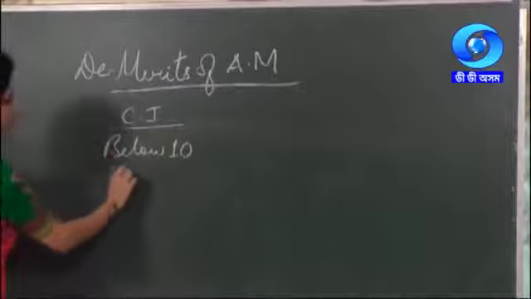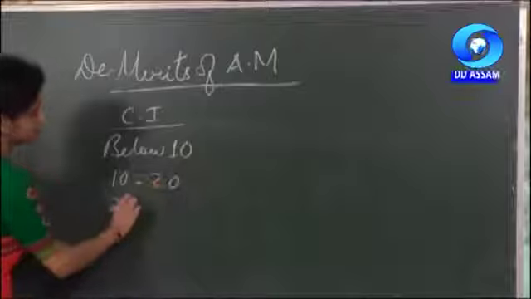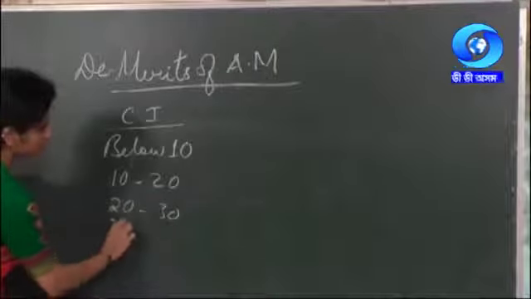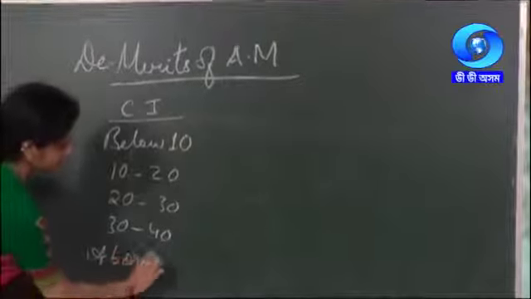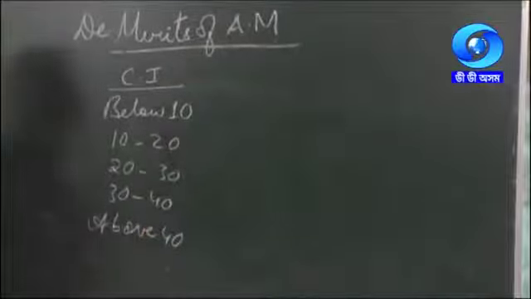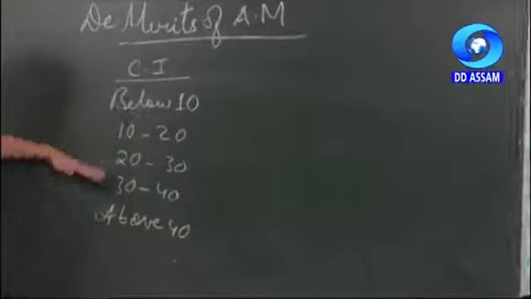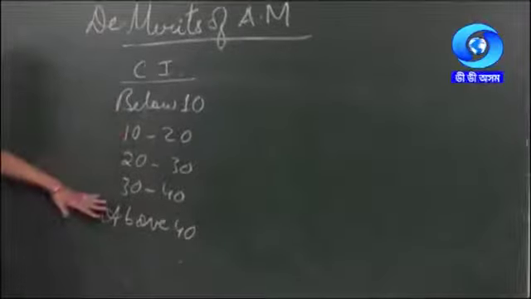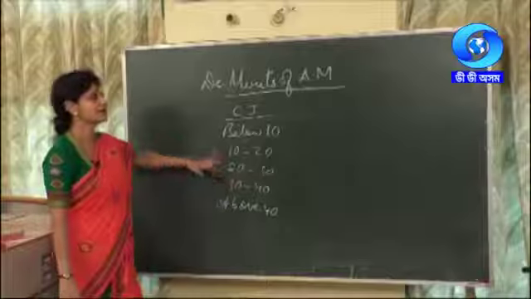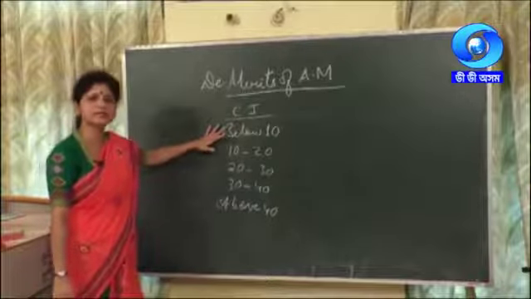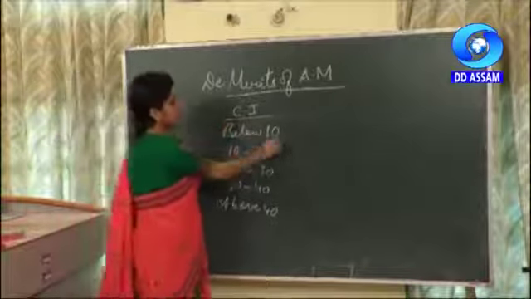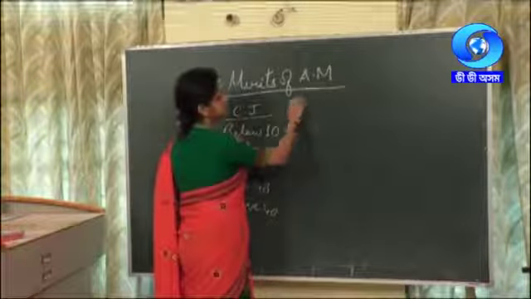And then you have 10 to 20, 20 to 30, 30 to 40, and then you have above 40. This is an open-end class. In that case, what happens? When you have open-ended intervals, it is difficult to calculate arithmetic mean. Why is it difficult? Because how will you find out x here, the mid value?